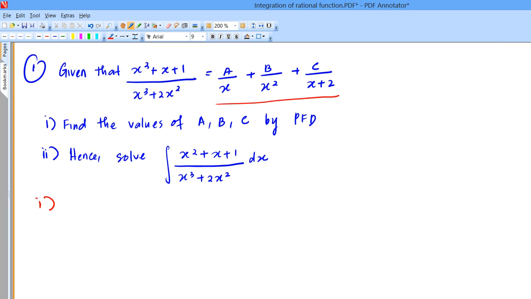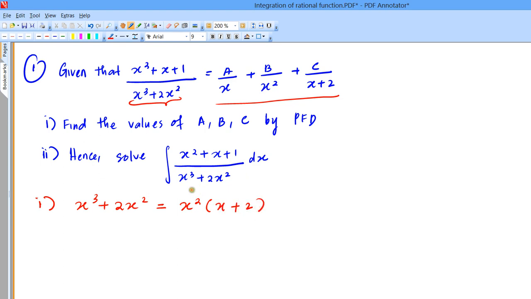To write this function in the form of PFD, we need to factorize the denominator. So we have the denominator x³ + 2x², and if we factorize, we can factor out x², so we get x² times (x + 2).